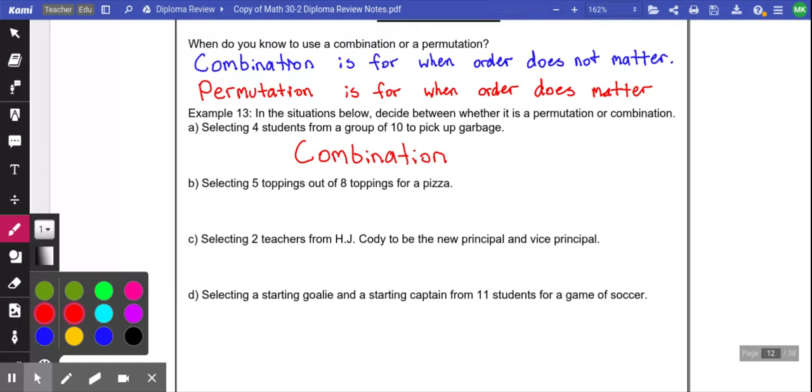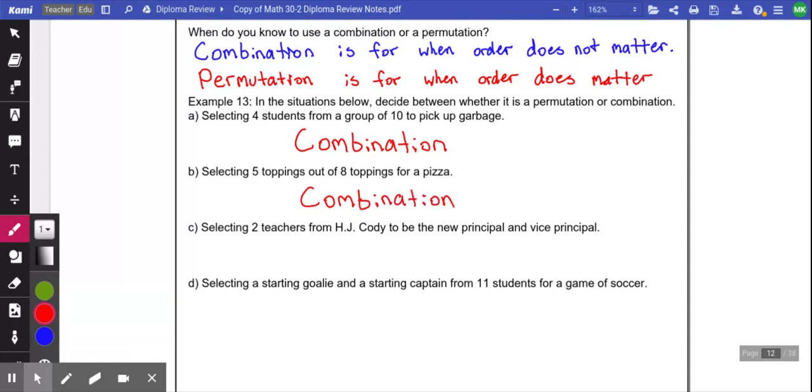It doesn't matter. Either way, they're going to put ham on it and they're going to put bacon on it. I'm never going to know the order in which they put those ingredients on. So this is a combination. The order does not matter in which you put those 5 toppings. Now, if you're a pizza person like me, it does matter. But technically, we're supposed to say it does not matter which order you put it in.